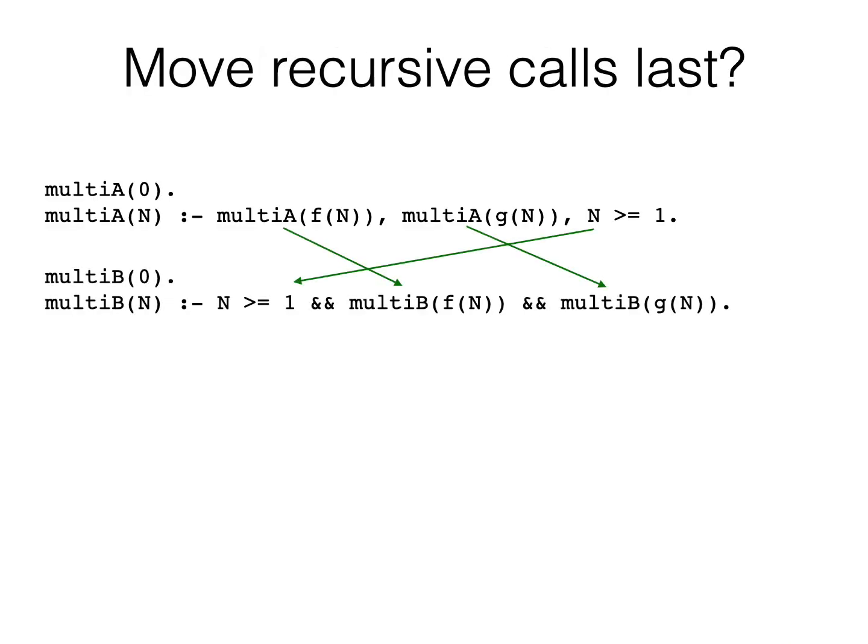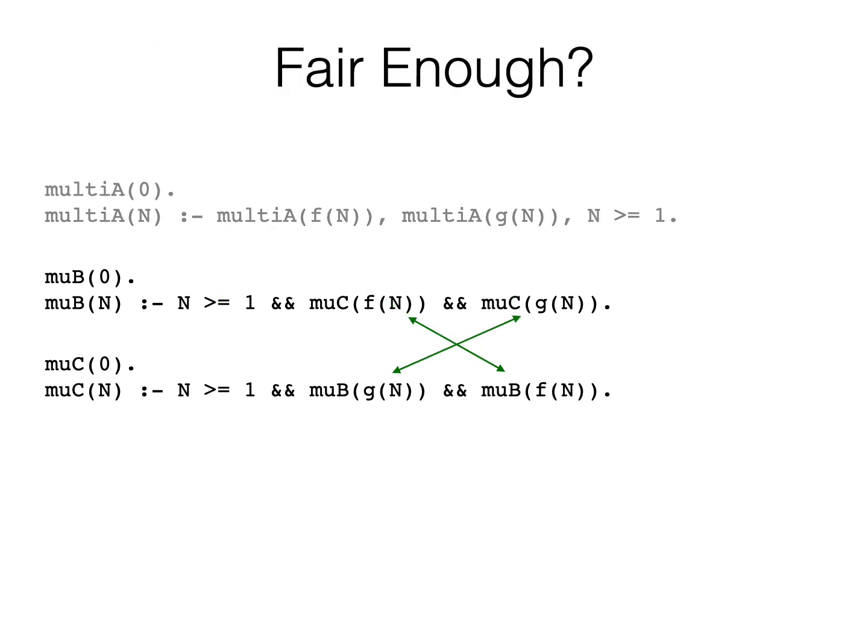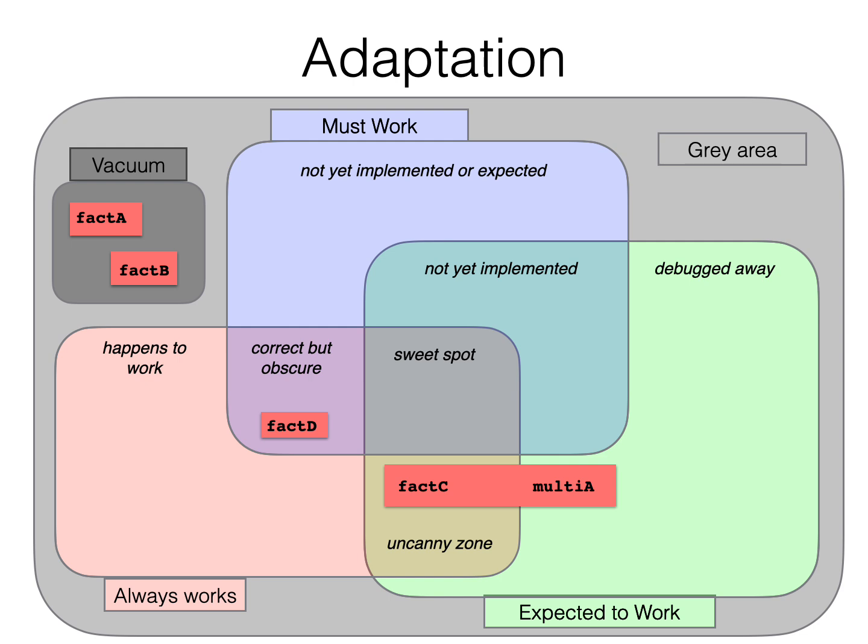So this is multi-A, and then here's how we fix it with this multi-mutually recursive thing, which implements some static approximation of fairness. It doesn't matter.